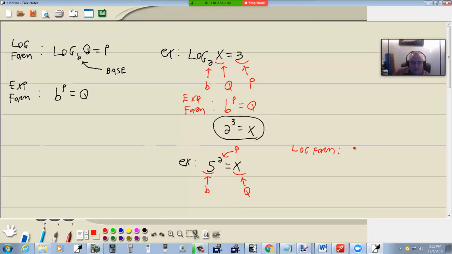Now our log form is log base b of q is equal to p. So after we identified b, p, and q, we just plug it in. So we're going to have log base 5 of q. What was q? q is x, is equal to p, which would be 2. So that'd be our answer.